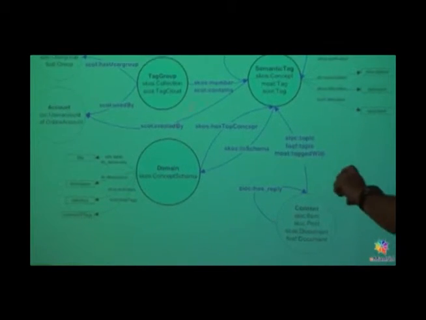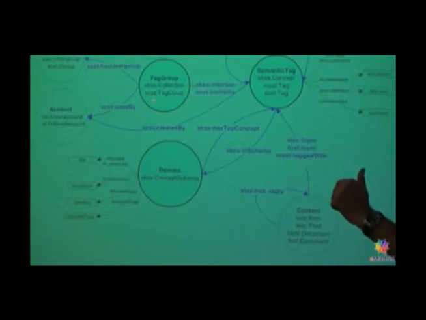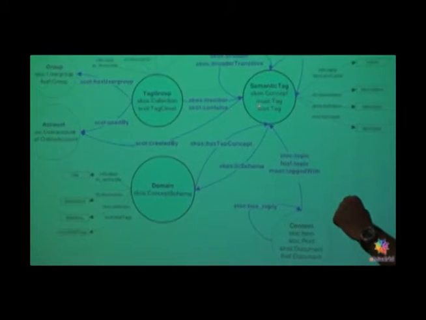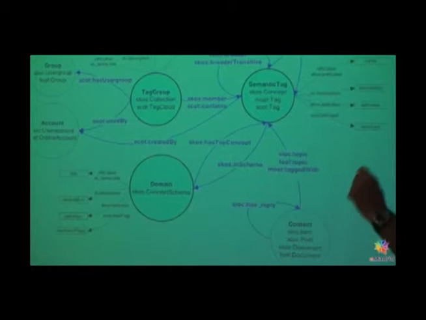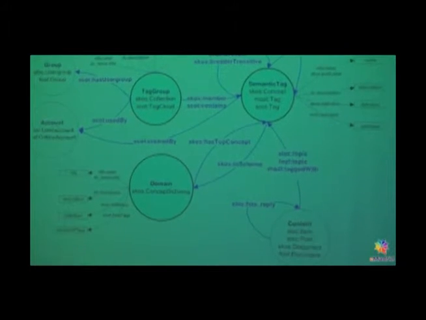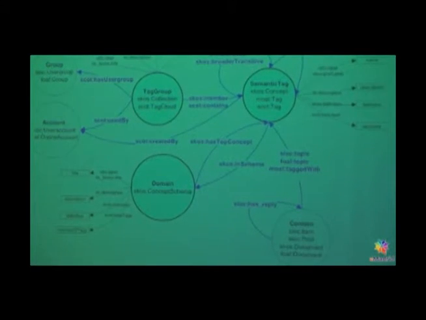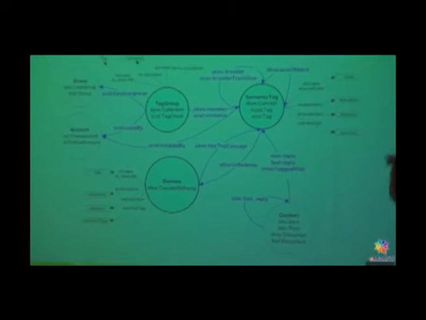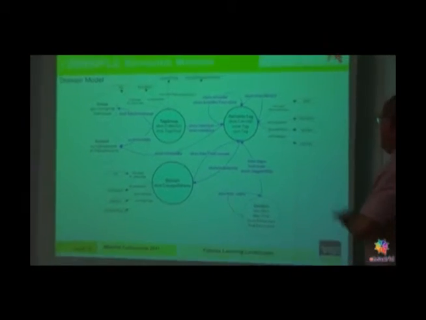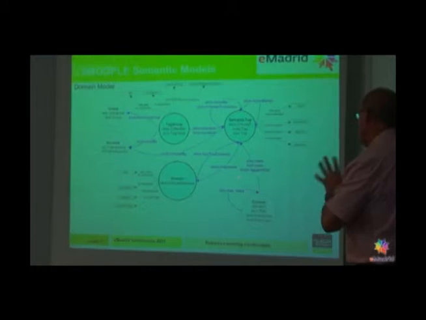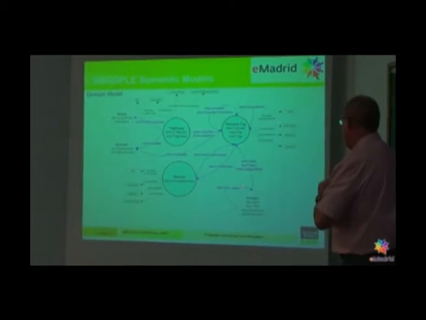There are some ontologies, like SKOS and MOAT, which are made for that. We just look a little bit at this, but we didn't manage that now. We define a kind of domain model like this, but it's just the first step.